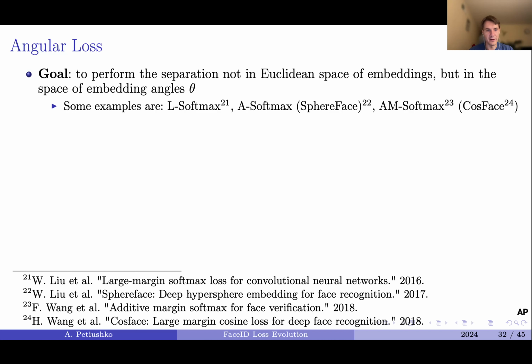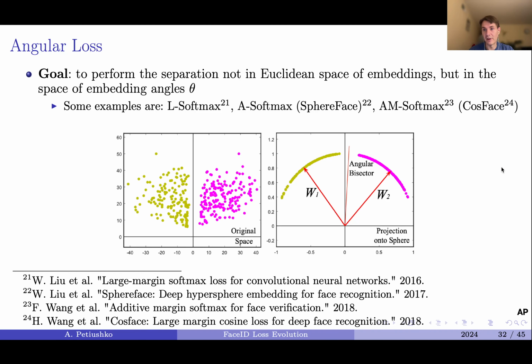It's very different, as I said before. L softmax, A softmax, or sphere face. These are synonyms. And AM softmax or cos face. They are synonyms but different papers, which is quite funny. They have been published in the same year, probably even in the same month, from different authors. And this is the illustration.